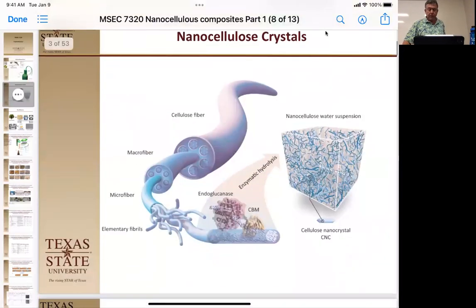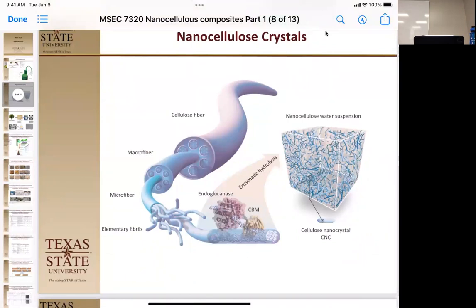Okay, so in contrast, nanocrystals, while they are made from the exact same material, they're actually smaller, highly crystalline sections of our nanofibers. Okay, our nanofibers have crystalline zones, but then they're connected by a less ordered section.